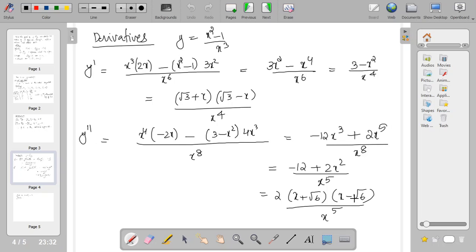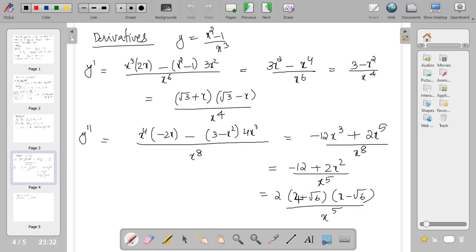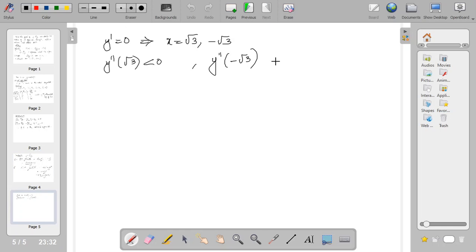When this term comes, it will be negative, and the remaining terms will all be positive. So this is less than 0. And y double dash of minus root 3 will be, so this is positive and negative, so again that will be positive.